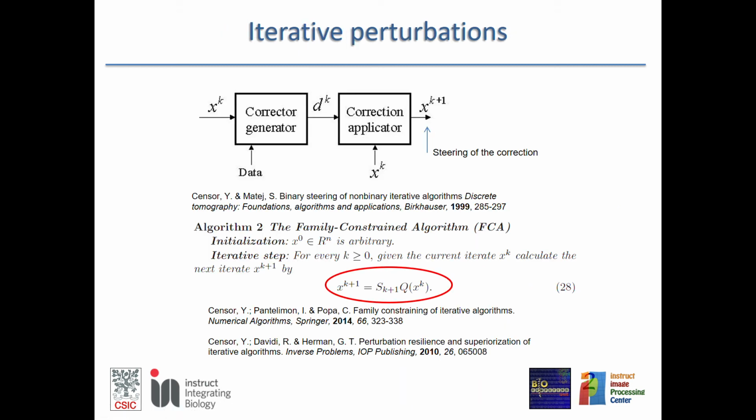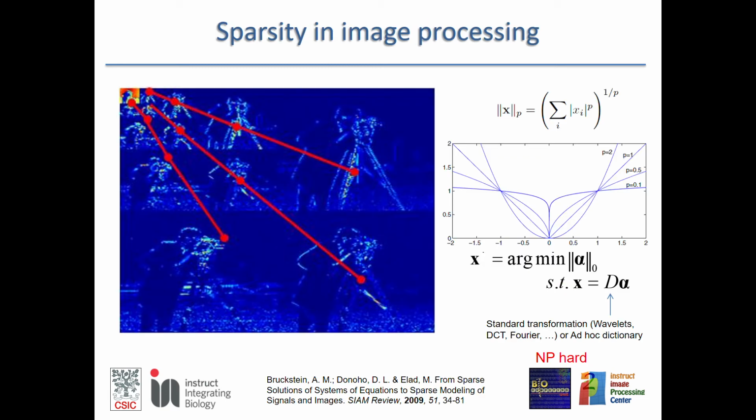And also, for instance, here you have another flavor of this incorporation of extra constraints on the 3D reconstruction. One of the most common constraints is sparsity. Sparsity is probably much more common in medical imaging than in cryo-EM, but the same ideas would apply to cryo-EM, and actually they have already been applied, especially to electron tomography.